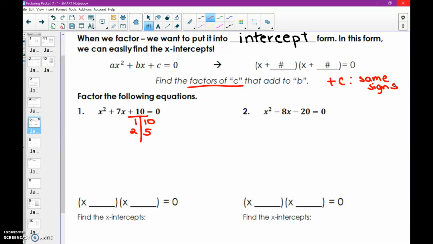Because really, if I have two numbers that are multiplying to get positive 10, then it's either got to be a positive number times a positive number, or a negative number times a negative number. If I have one of each, it's going to end up equaling negative, so this is my option. I can't have different signs. If it's a negative c value, then I get different signs.